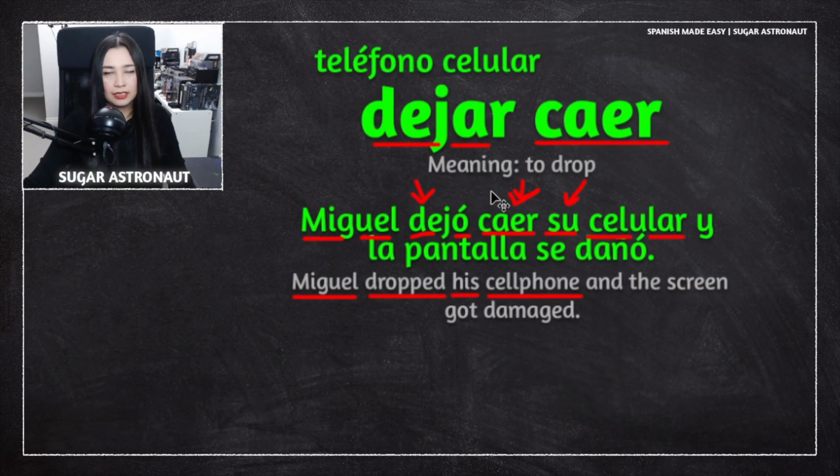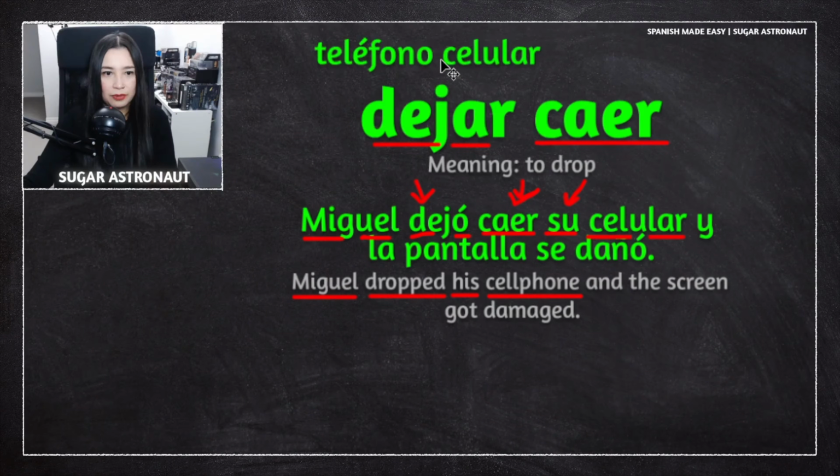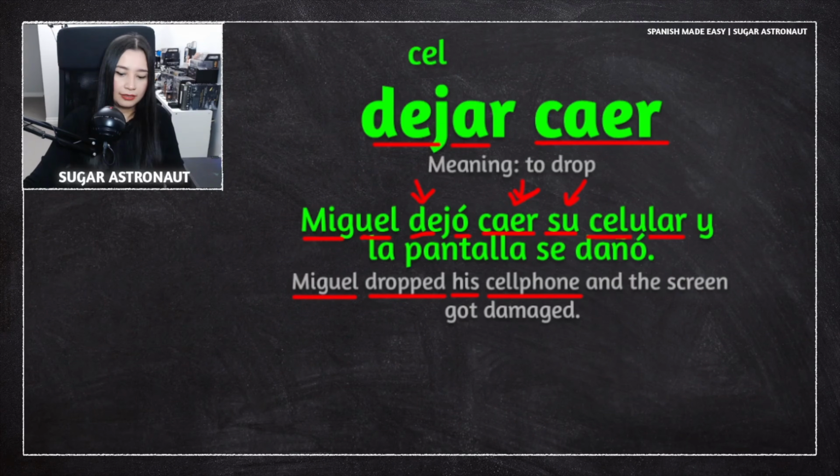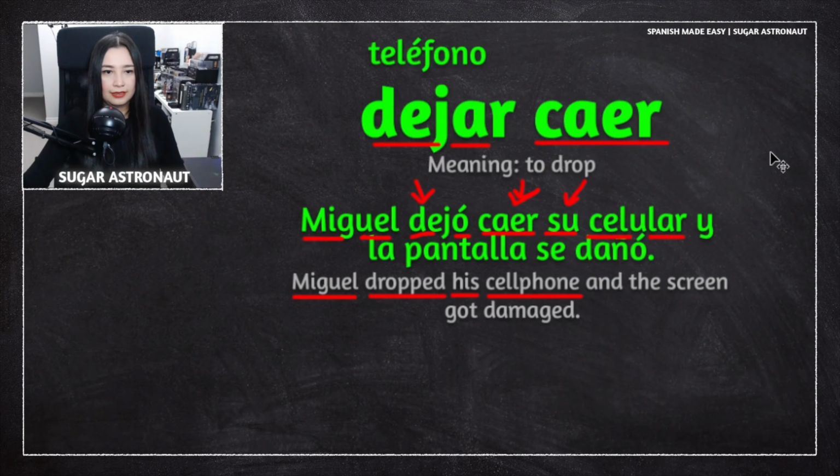But some people say the whole term in Spanish, some people don't. Some people just say celular. Some people say just cel. Or teléfono, because that can also refer to a cell phone. ¿Dónde está mi teléfono? Where's my phone?